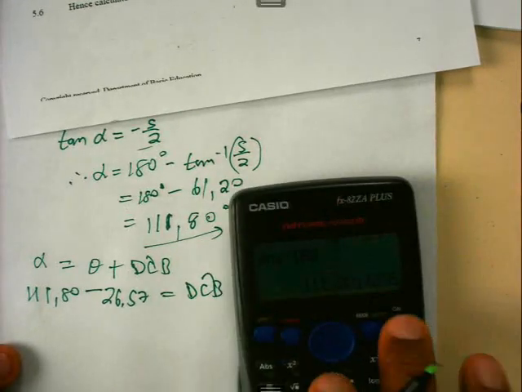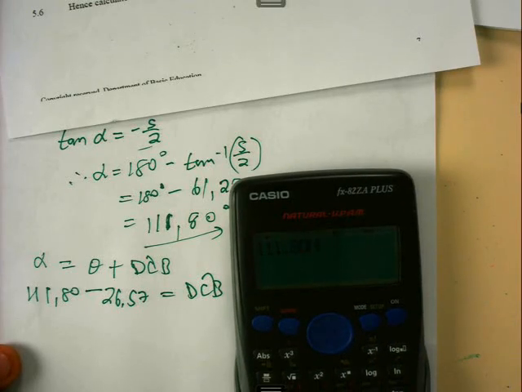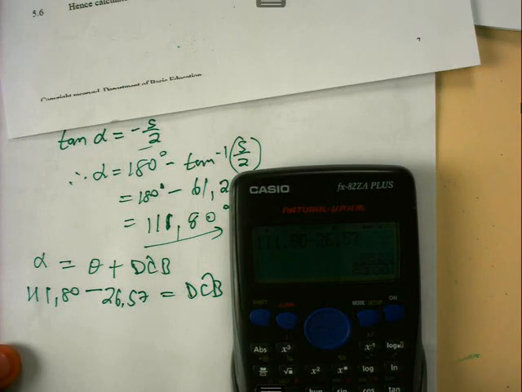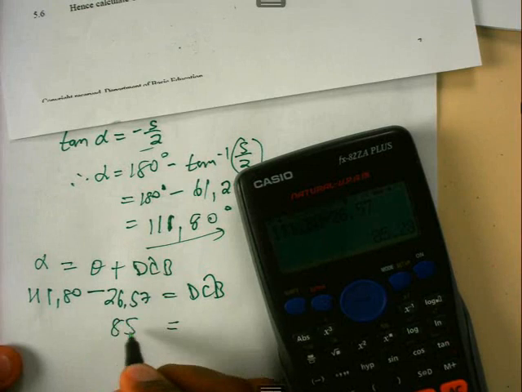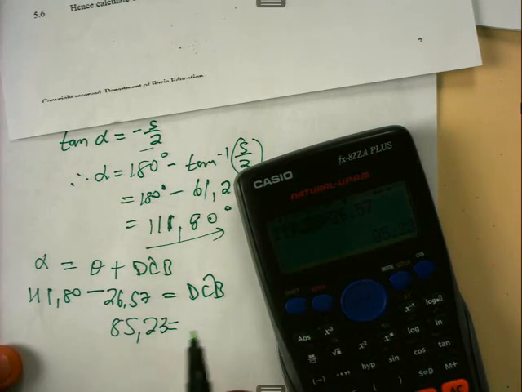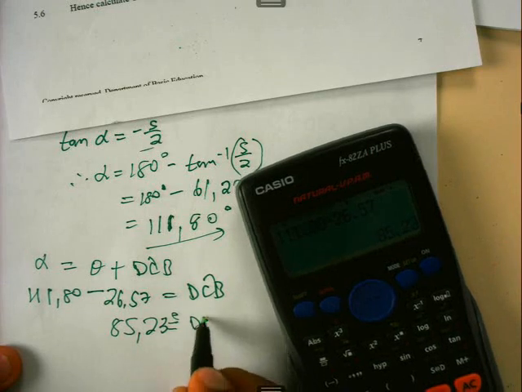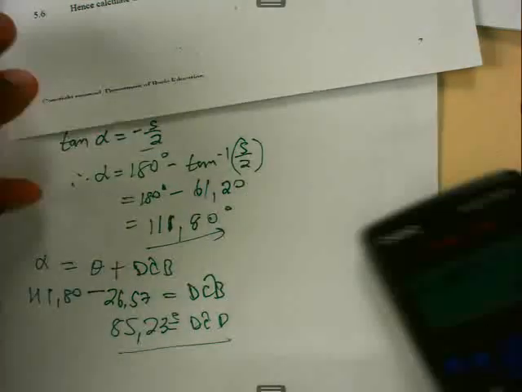When I subtract the two, 111,80 minus 26,57, the answer will be 85,23 degrees. That is the size of this. We can see it is very close to 90, but it is not 90 degrees.